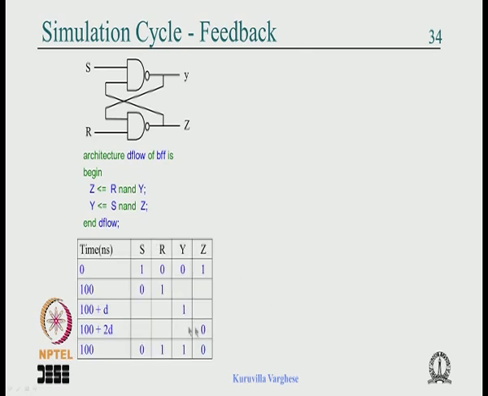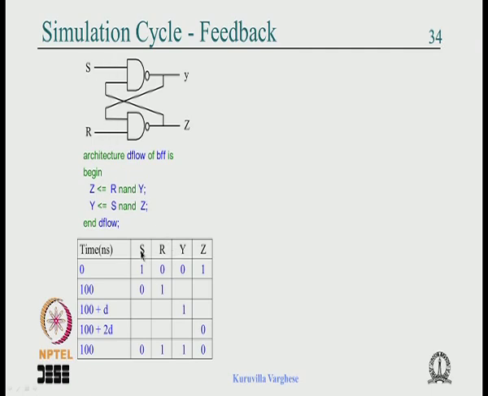Okay. So assume that at time 0 the latch is in reset, that means S is 1, R is 0 because R is active low. So Y is 0 and Z is 1. So let us move from reset to set. You know that this was 1 0, now it is moved to 0 1.